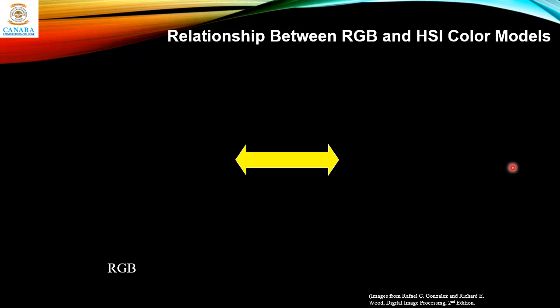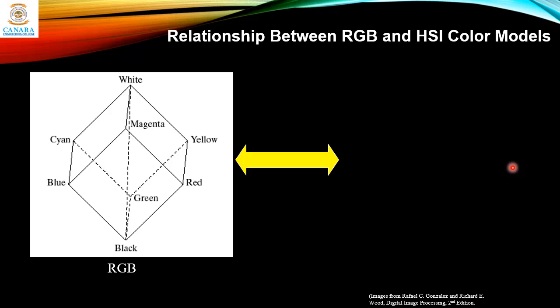Now let us understand the relationship between RGB and HSI color model. So this is the color cube, and as you can see, the relationship between the colors remains the same.